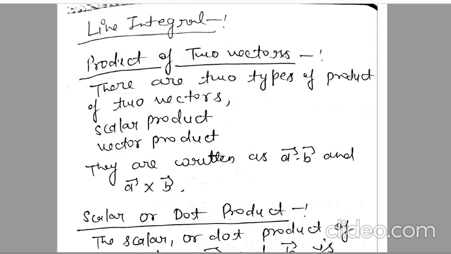Scalar means directions are not given, and in vector product directions are also given with unit normal vector. They are written as a vector dot b vector and a vector cross b vector. The dot product is called dot product, and the cross product is called cross product.